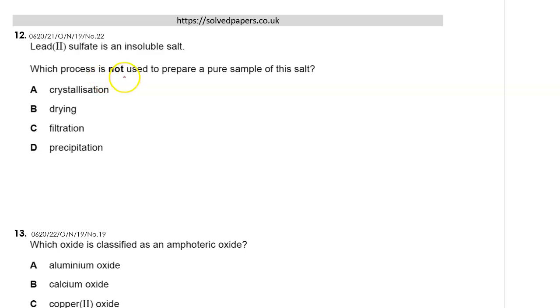So which process is not used to prepare a pure sample of this salt? Not used to prepare. Of course, crystallization is a process used to prepare crystals of a soluble salt from a saturated solution.